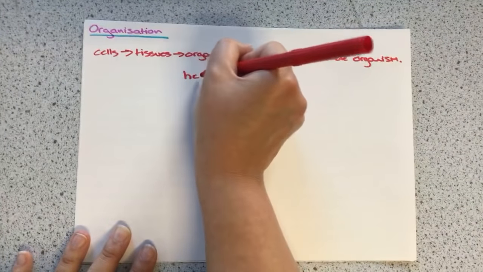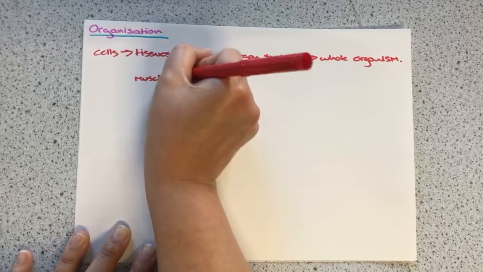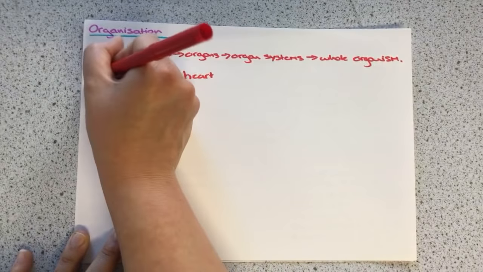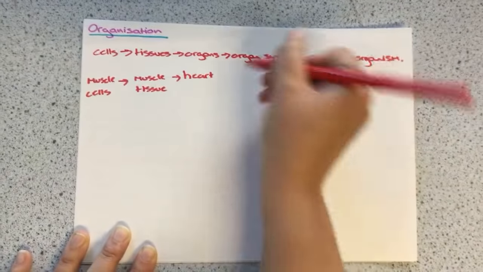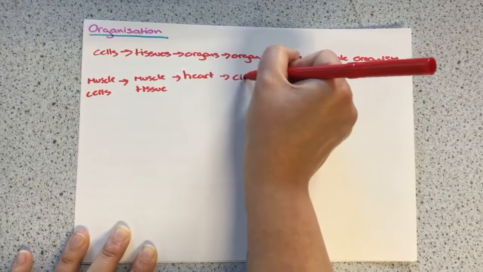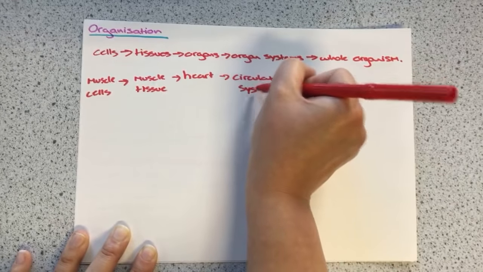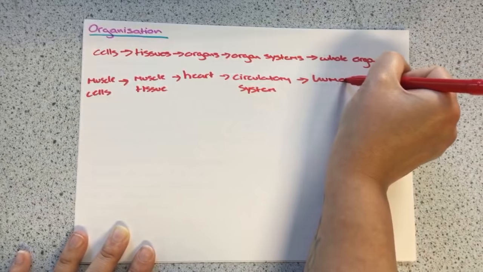I could say the heart. The heart might be made of muscle tissue. What's muscle tissue made up of? It's made of muscle cells. The organ system that the heart is in is the circulatory system. And the whole organism might be a human, okay?